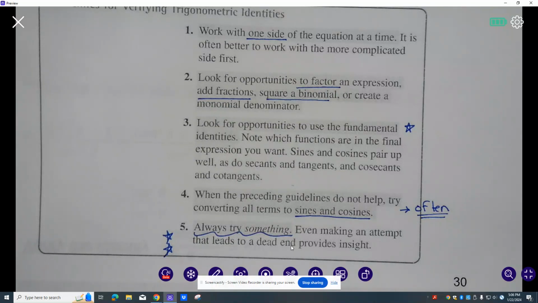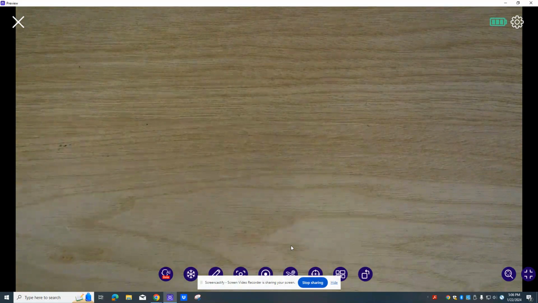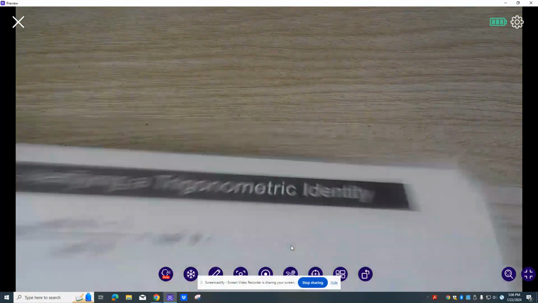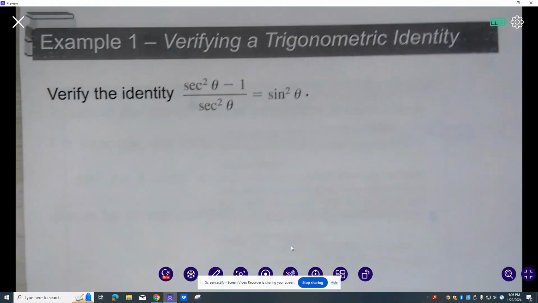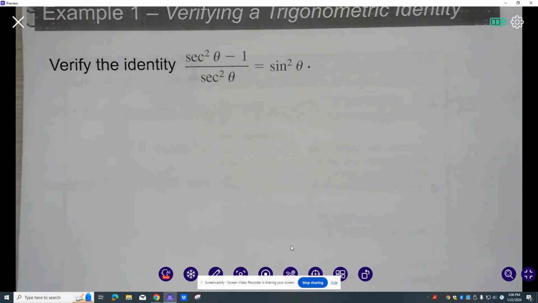There isn't one method that I'm going to be able to teach you that's going to work. So you're just going to have to get used to maybe not knowing where to start, but trying something. It might not work. You might fail, and then you try again. All right, so this is our first example.